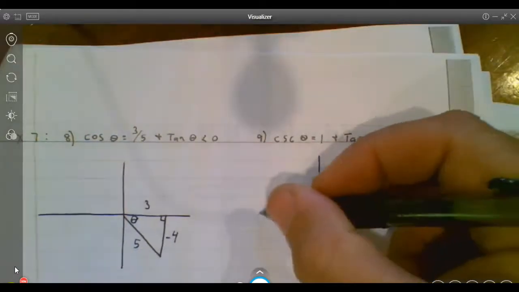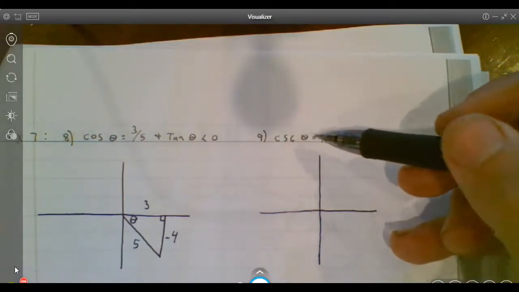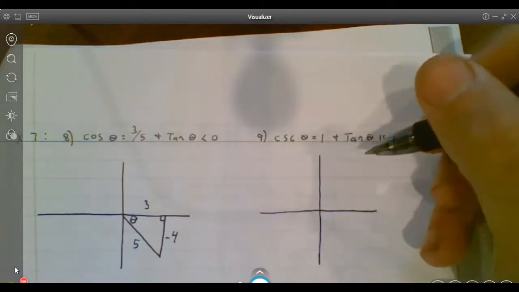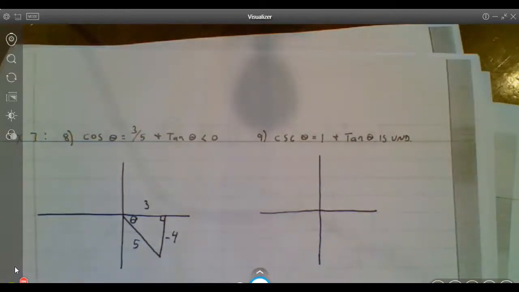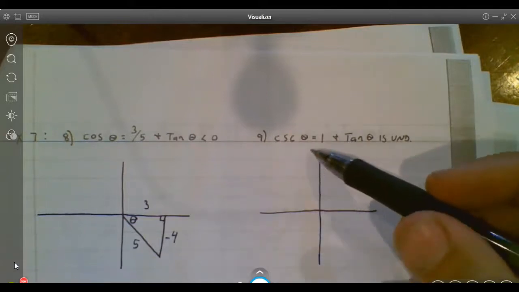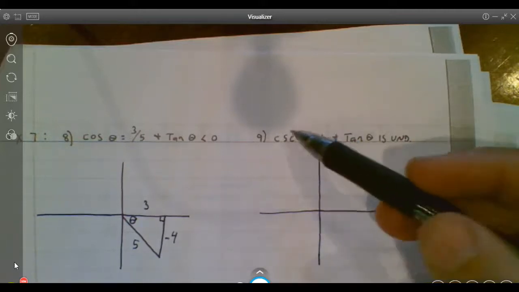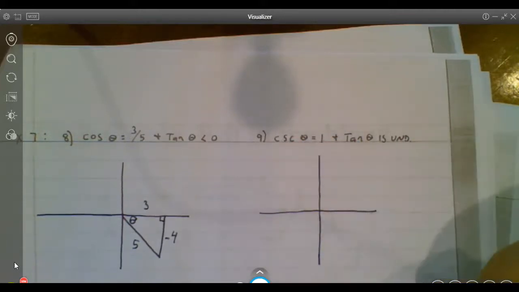If my cosecant is 1, remember cosecant is just the reciprocal of sine. If you flip 1 over 1 upside down, it's still 1. So if my cosecant is 1, my sine is also 1.